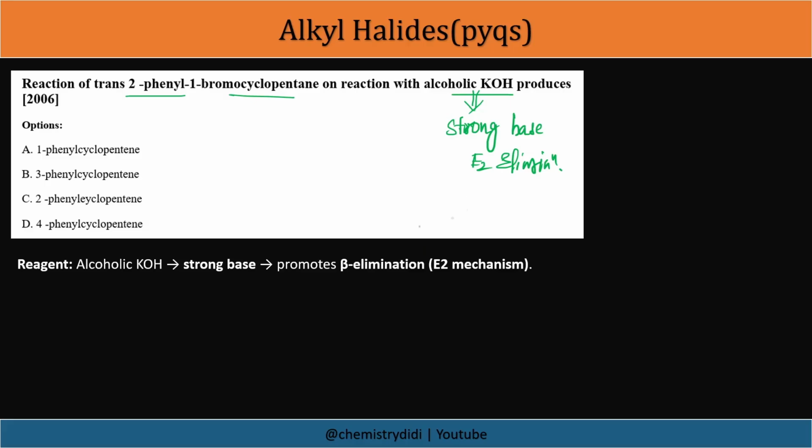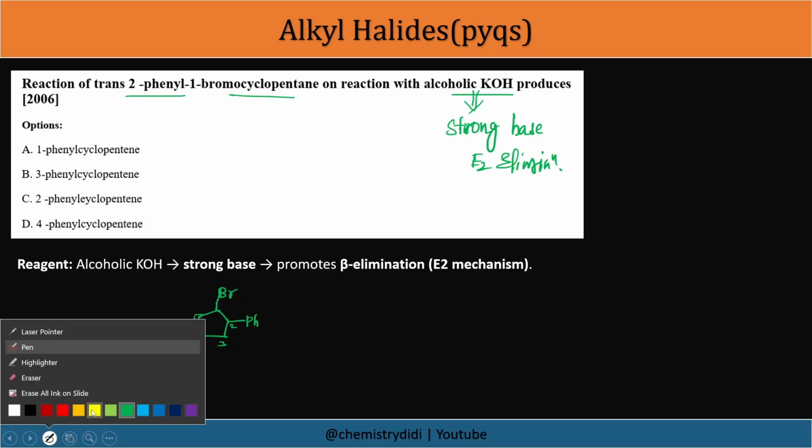So let's try to draw this. Cyclopentane means 5 carbons are there, and 2-phenyl. If you take numbering from here, 1 2 3 4 5, this is 2-phenyl and 1-bromo. On the first carbon it is bromo, right?